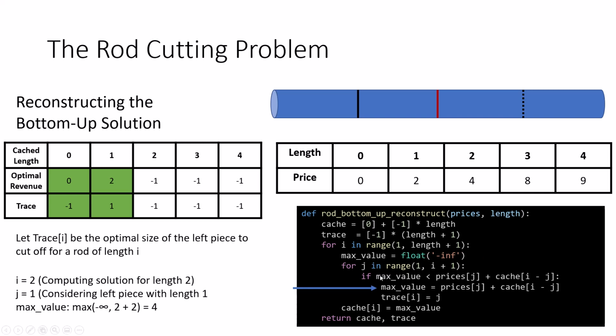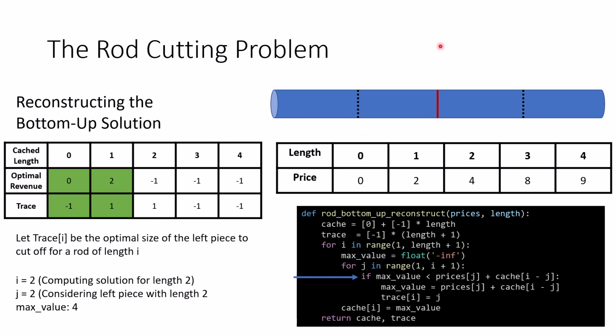So we're going to have a max value of 2 plus 2, so that's going to be 4, and we'll update the trace such that we cut it at 1. So this 1 corresponds to position 1 being where we're going to cut our rod, and then we consider another option.